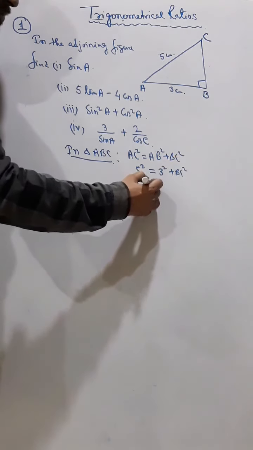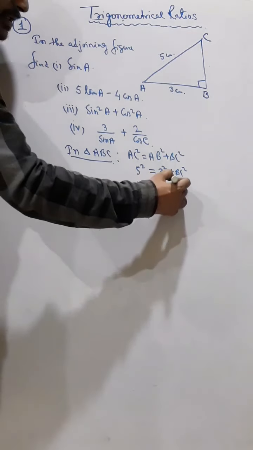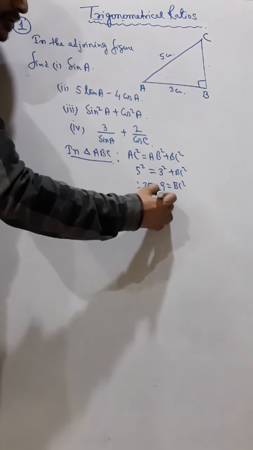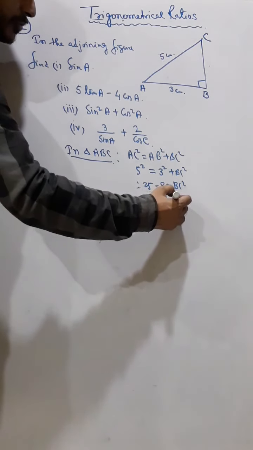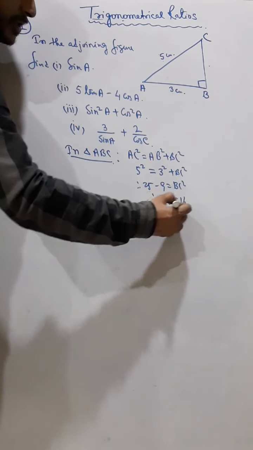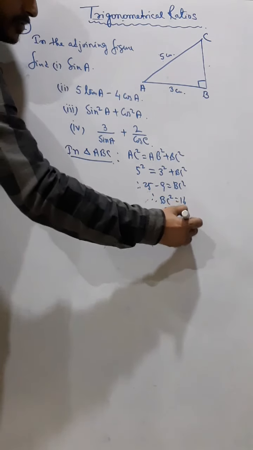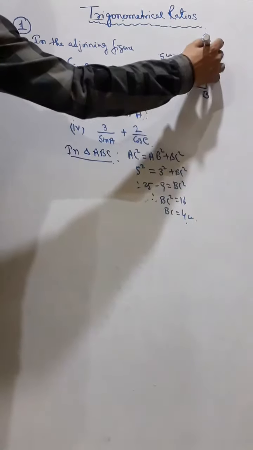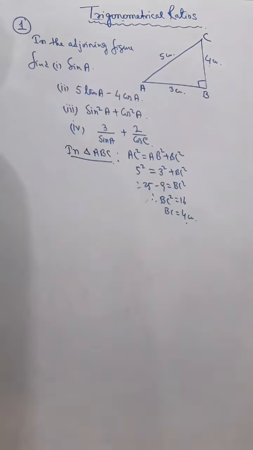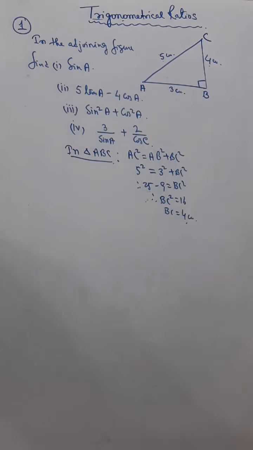So we can calculate BC from here. 25 minus 9 is equal to BC square. So finally BC square is equal to 16 and BC is equal to 4 centimeter. So we got BC, and now we can easily get all these ratios.